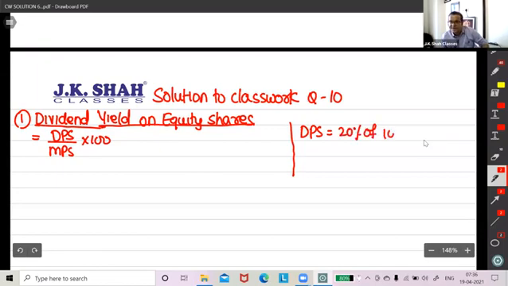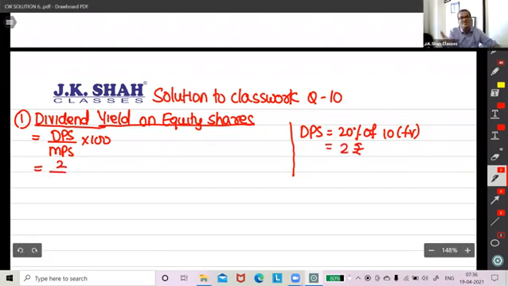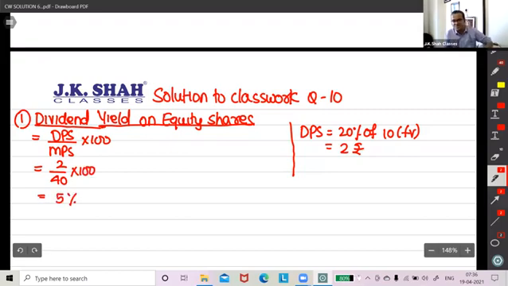What is that 10? Face value. So dividend is going to be 2 rupees upon market price. See, MPS has to be given in the question, guys. We can't find it out. So this answer is 5%.